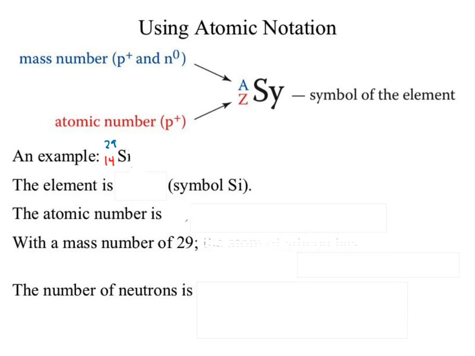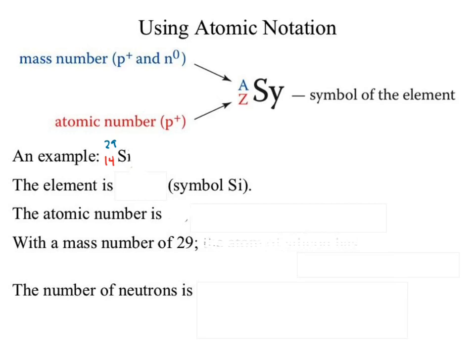Right? So the element with a symbol of Si is silicon. The atomic number is 14. Okay? The atomic number, interestingly enough, in our nuclear notation is the lower left-hand corner, not on top. It's the opposite, remember? Different genre of what we're looking for.